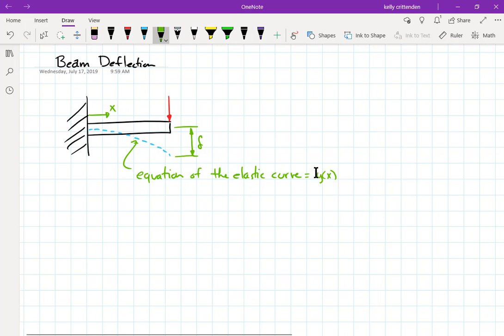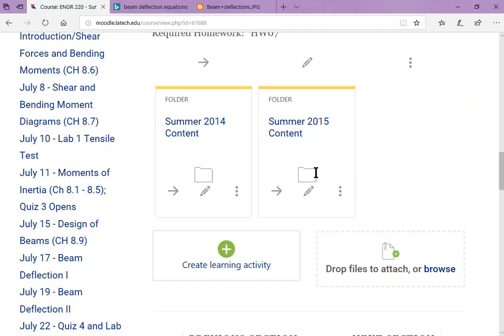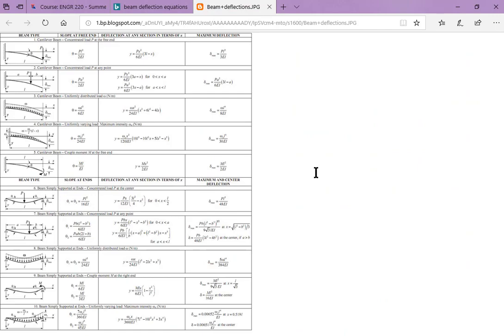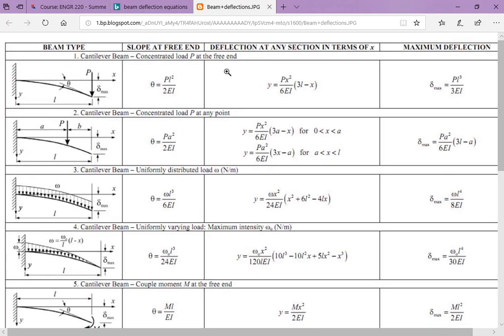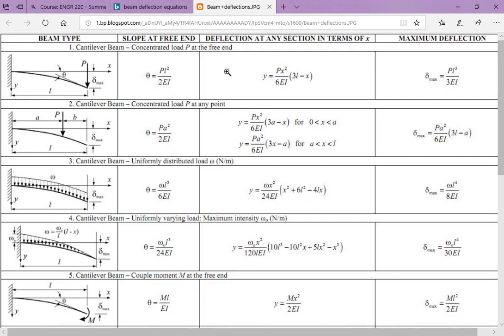So assuming that someone has already gone through most of the standard types of loads, which I just pulled up a sheet right here. Maybe somebody's already gone through, there's a cantilever beam with a point load on it, the very first thing.